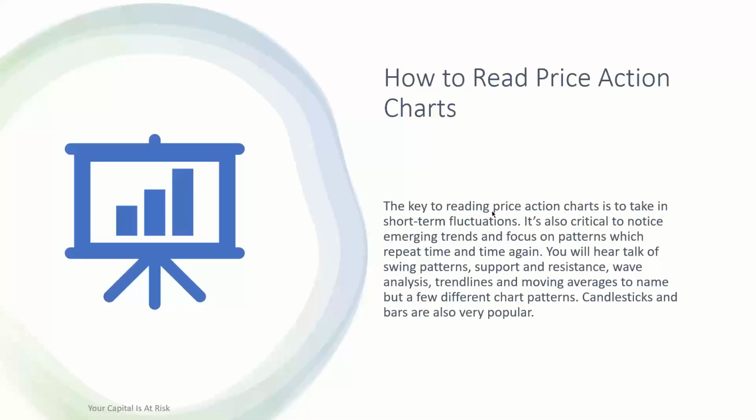So the key to reading price action on charts is to take in short-term fluctuations, because as a short-term CFD trader, we don't care if the dollar is getting very strong. We don't care if the dollar is getting very weak. We don't care that the Federal Reserve is talking about tapering, so if they do, the dollar is going to increase in value.